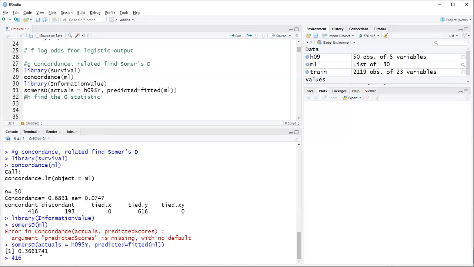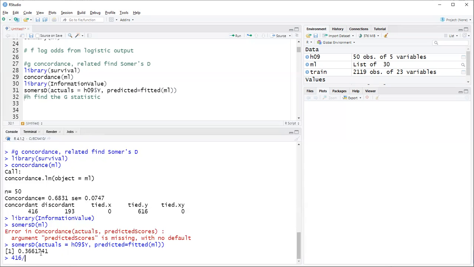If the predicted value for the observation that takes on a 1 is greater than the predicted value for the observation that takes on a 0, we say that's concordant. We were expecting the observation with a higher predicted value to be more likely to be a 1, and it turned out that, in fact, it was a 1 and the other one was a 0.